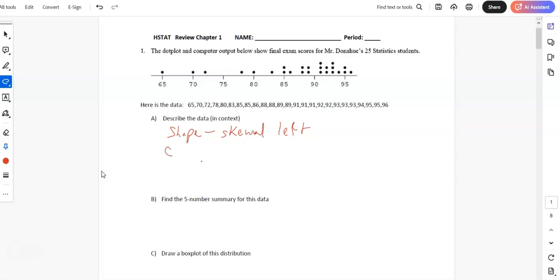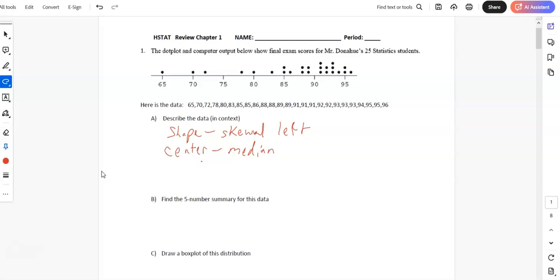So center. So you would talk about probably the median. The median, you probably want to talk about it in context, the median exam score for Mr. Donahue's 25 students. There are 25, so 1, 2, 3, 4, 5, 6, 7, 8, 9, 10, 11, 12, 13.